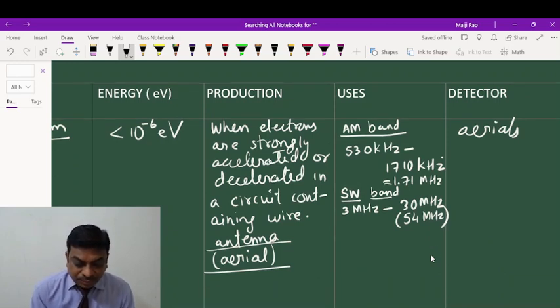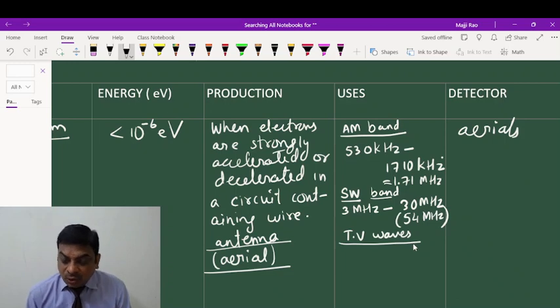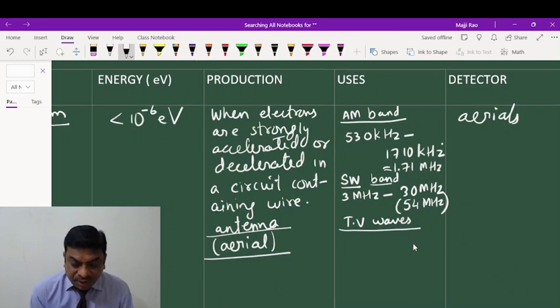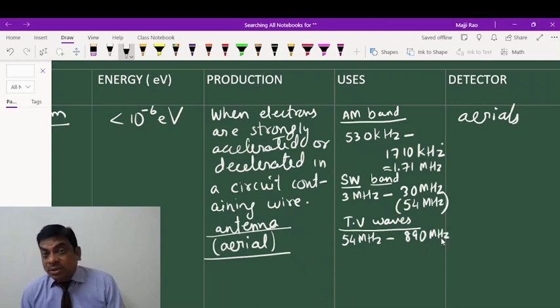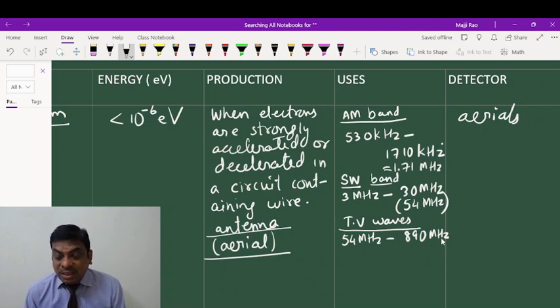Then you have TV waves, television waves. The different programs of television are relayed through these TV waves, and the frequency ranges from 54 million hertz to around 890 million hertz. Students, you have to remember these values because in NEET as well as JEE Mains they precisely ask these values.